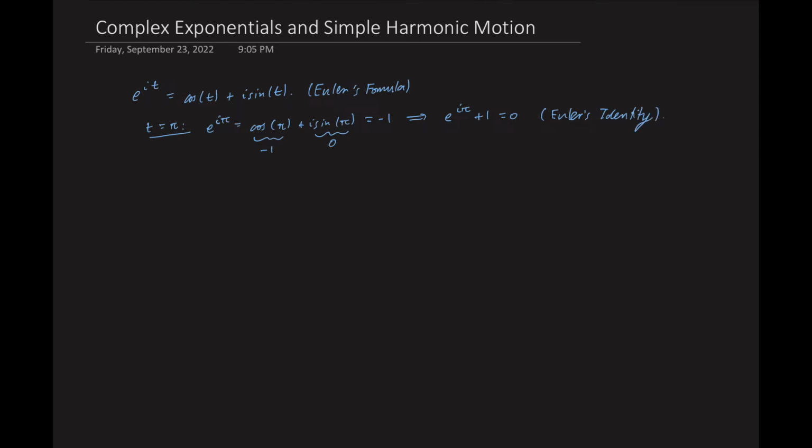Euler's formula is particularly interesting because it is a combination of cosine and sine terms in the complex plane. Essentially, it's a wave in the complex plane.